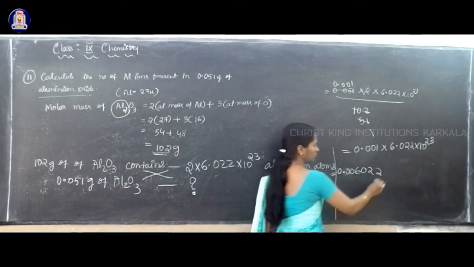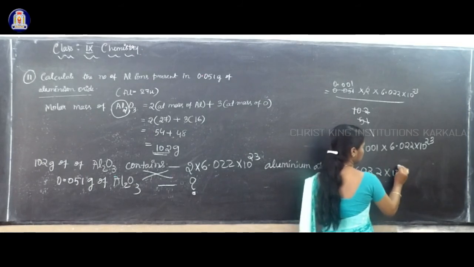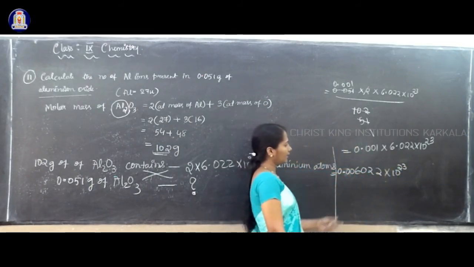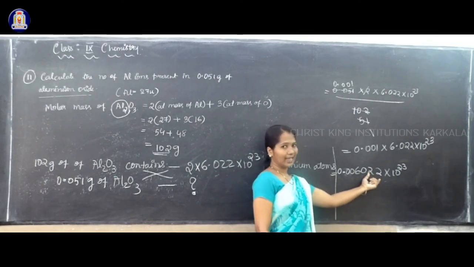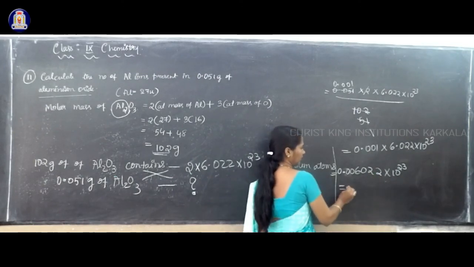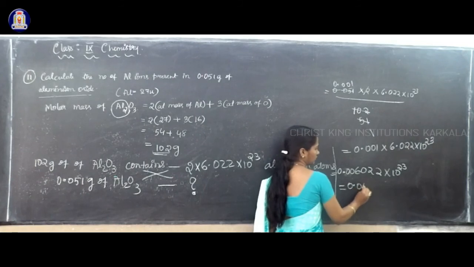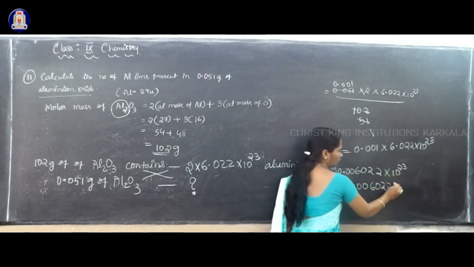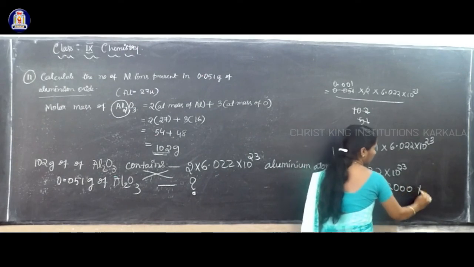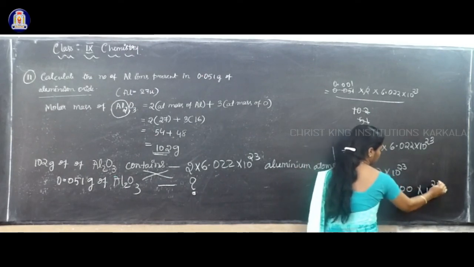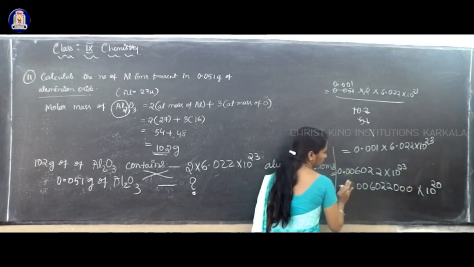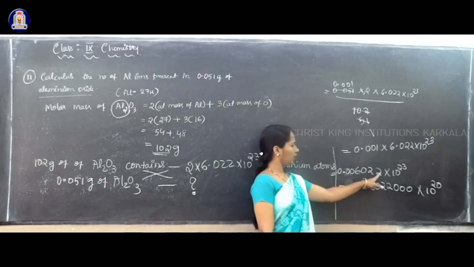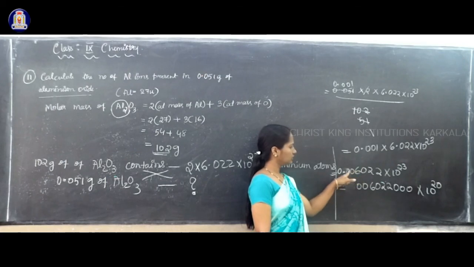That is 0.006022 into 10 to the power 23. In this 10 to the power 23, if I add 3 zeros, I get 10 to the power 20. Now put the decimal point, 1, 2, 3, 4, 5, 6.